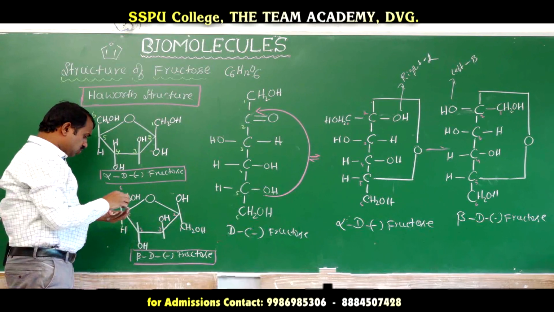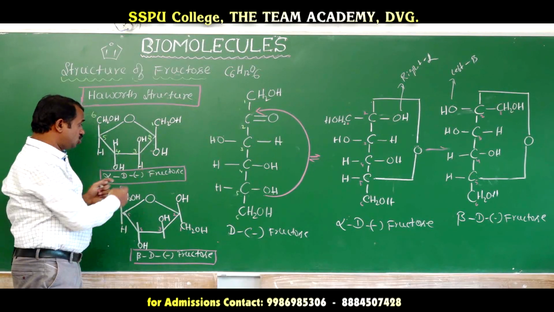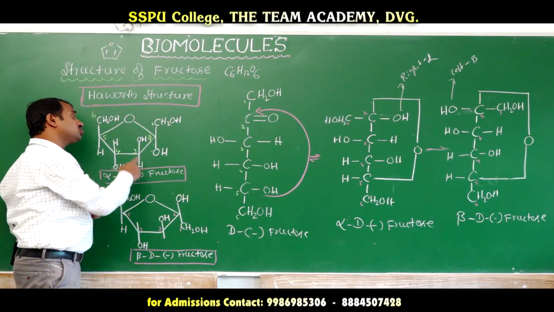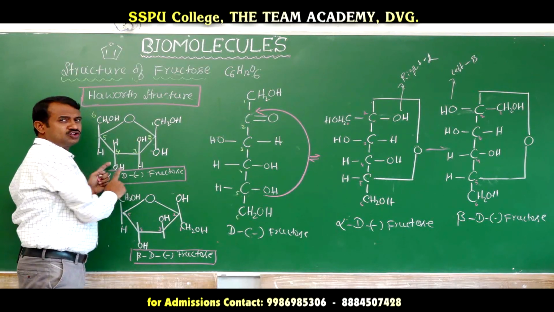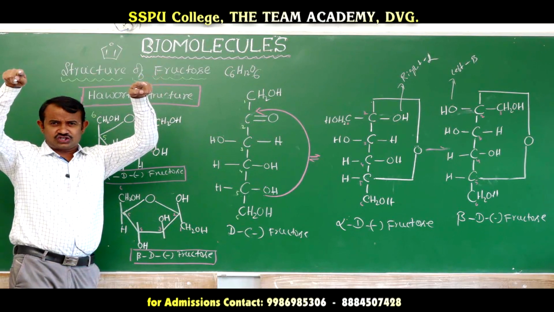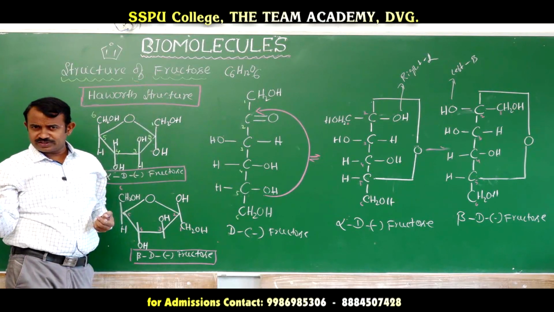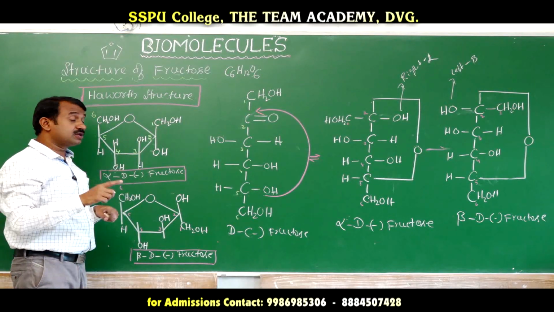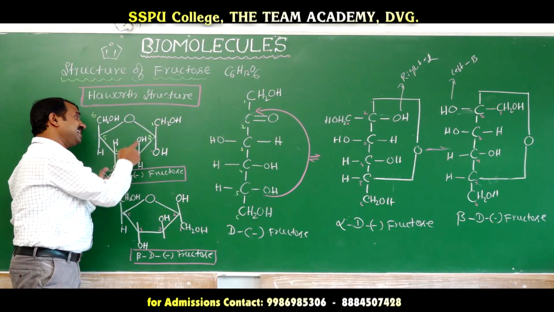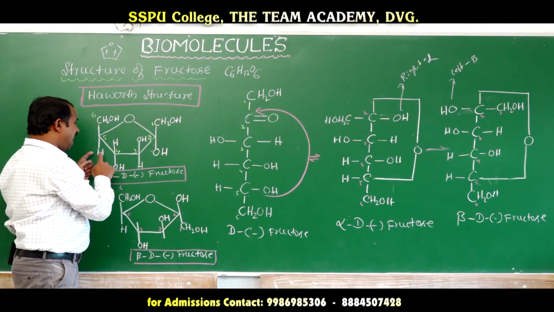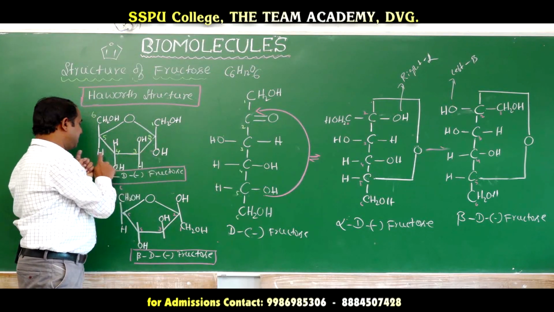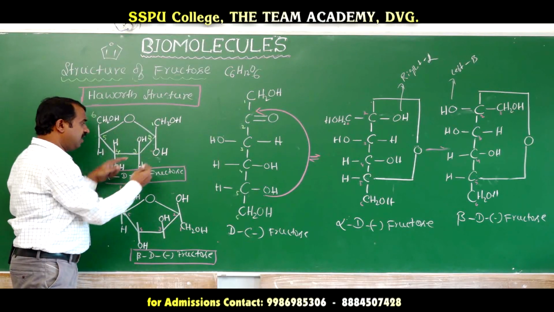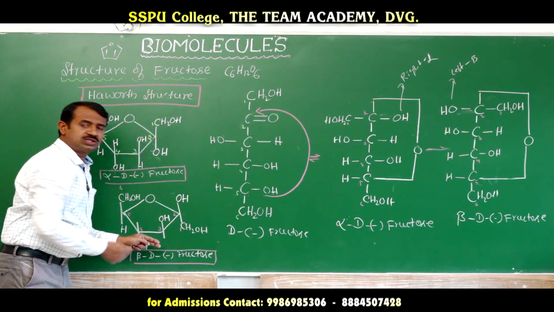In glucose it is outside, inside, but in fructose inside and outside. You should remember CH2OH and CH2OH. Below, the hydroxy group is there, and here one is inside, outside. Here the hydroxy group is there, here hydrogen is there. When the hydroxy group is below, that is alpha. When this hydroxy group is above, that is beta.